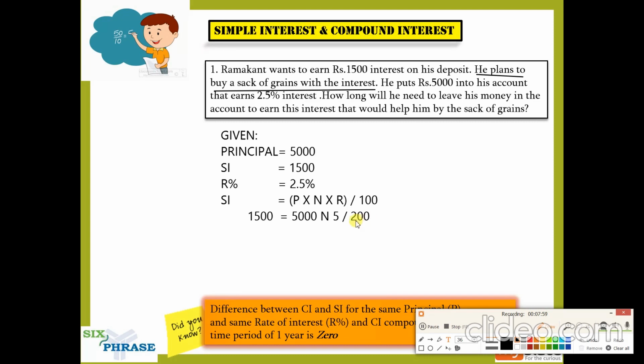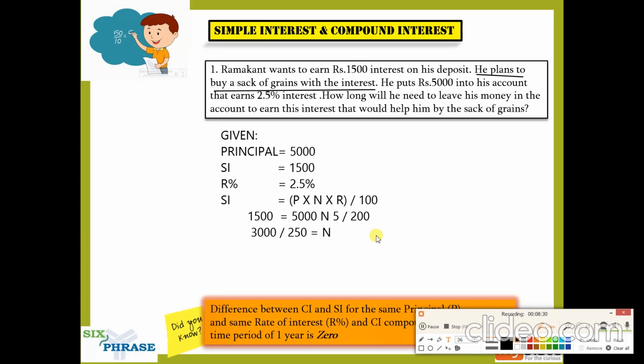If you solve this, the value of N will be 3,000 by 250.